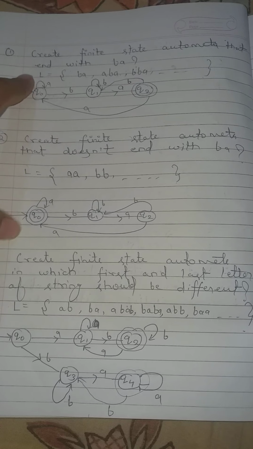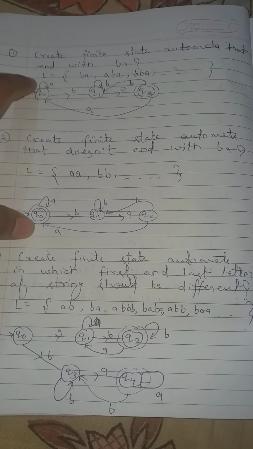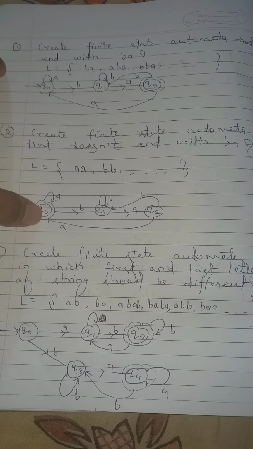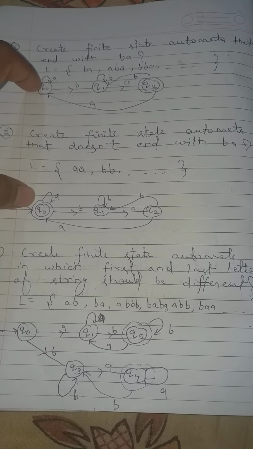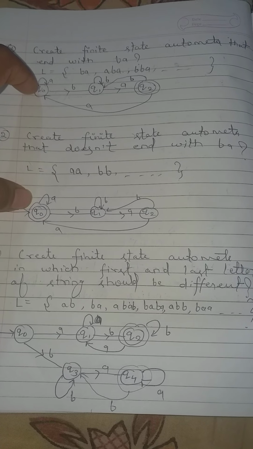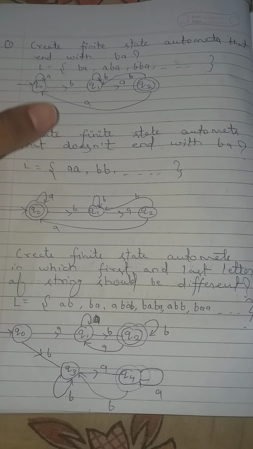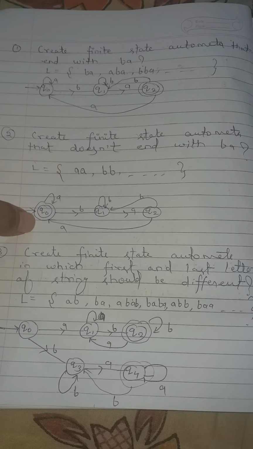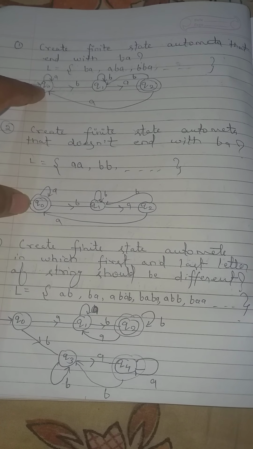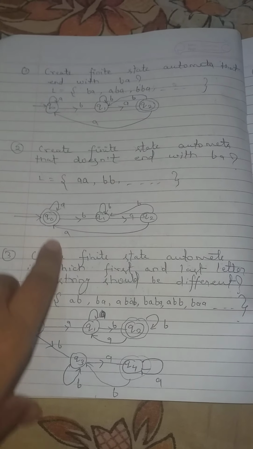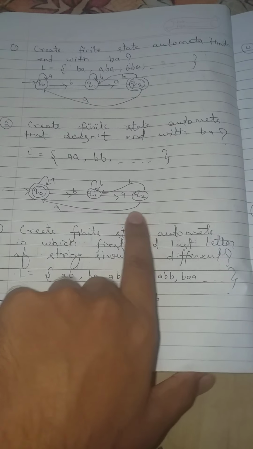That means it is the reverse of question number 1. So if we exchange the initial and final states, our question will also be reversed, that is, from ends with BA to not ends with BA. That's why in the previous question, if we replace the final and initial positions, we get its finite state automata.